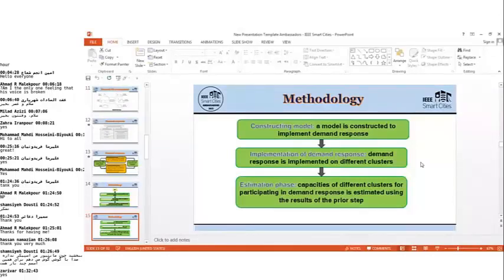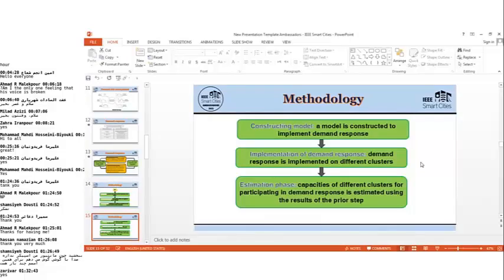Then the estimation phase, in which the capacities of different clusters for participating in demand response are estimated using the results of the prior stage. It means when you have implemented demand response programs, you have knowledge about the customers participating in this program. As I mentioned before, customers are dedicated to some clusters. Different clusters have a specific, representative consumption profile.